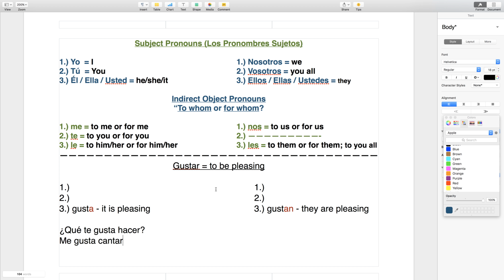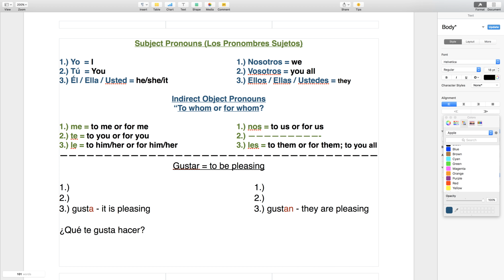Okay, so we're taking the me here, which is to me, gusta, which is it is pleasing, cantar, which is to sing. To me, it is pleasing to sing. What do we say in English? I like to sing. Okay, so again, thinking in ideas instead of literal word-to-word rendering. Let's look at another one.